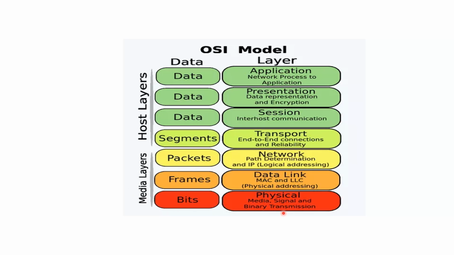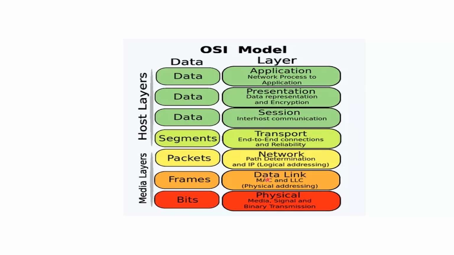This is the view of the OSI model. The OSI model has 7 layers: physical layer, data link layer, network layer, transport layer, session layer, presentation layer, application layer. At the physical layer, data is transmitted in the form of bits.